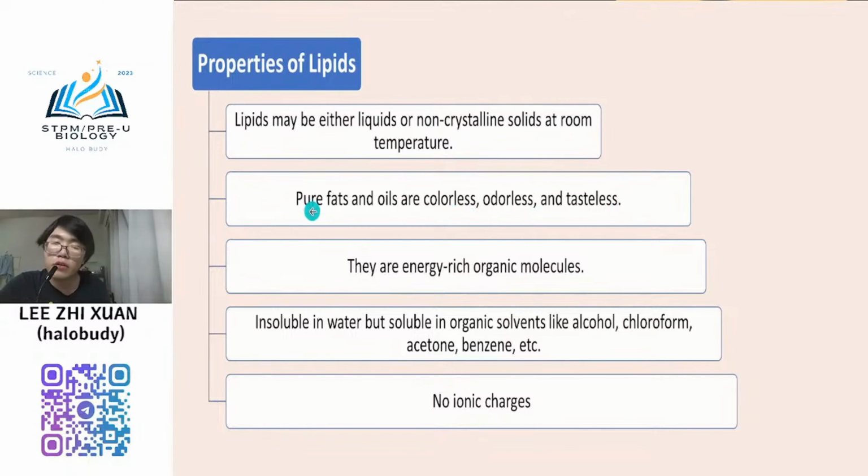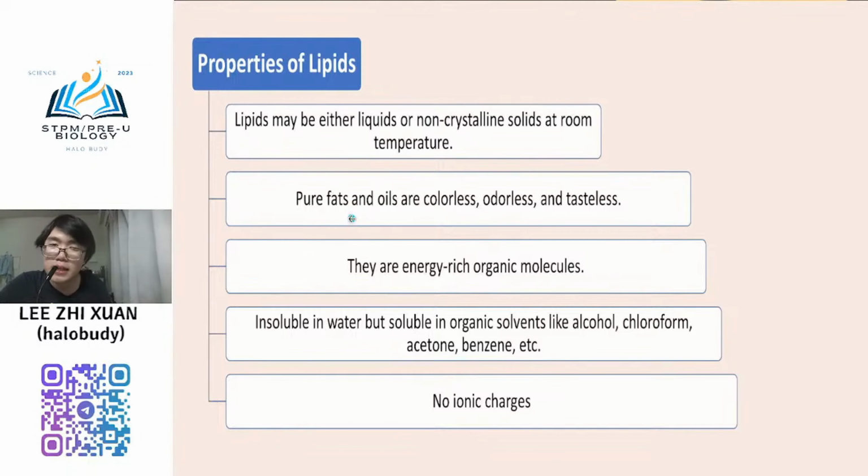If we consider pure fat, you cannot see what you see in your kitchen food oil, right? The oil that you use during cooking, or when frying chicken, fried rice, all that.